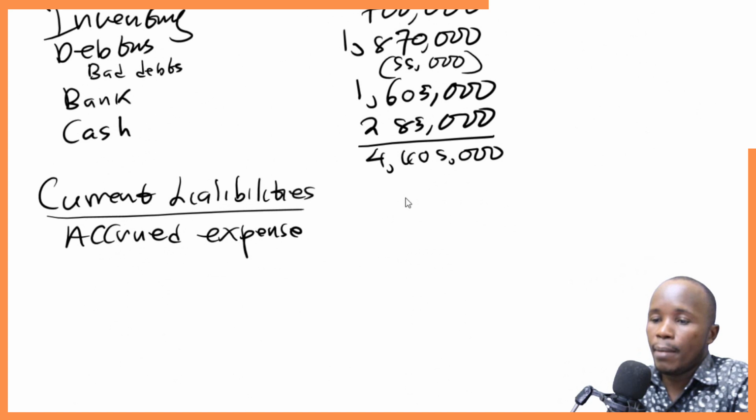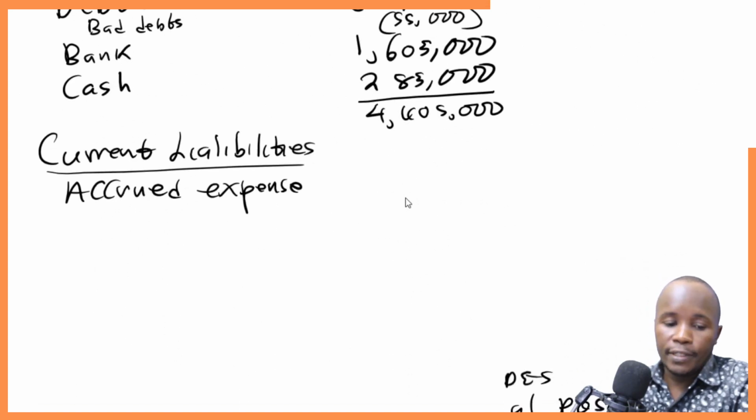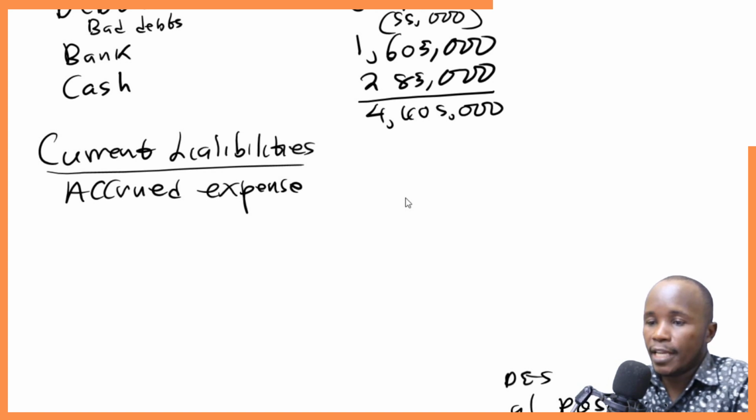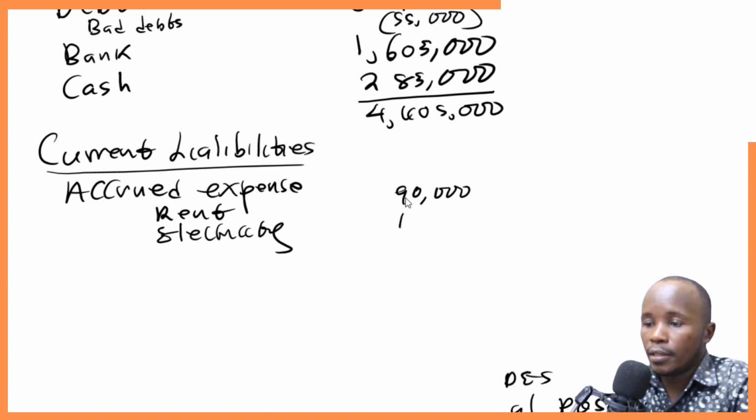So we add them up, or I just list them here. Accrued expense: rent, which was 90,000, and electricity, which was 40,000.